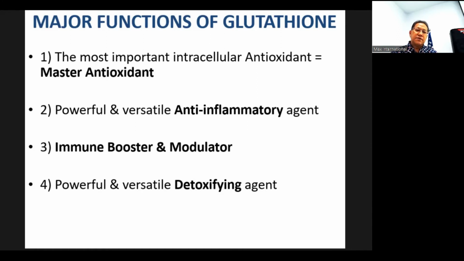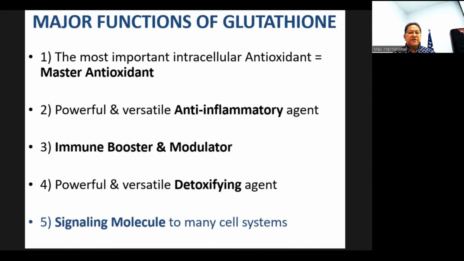And now we also have to add its function as a very versatile signaling molecule to many cell systems. Many people are just getting familiar with this concept of signaling molecule. But tonight, we shall focus just on its detoxifying activity.